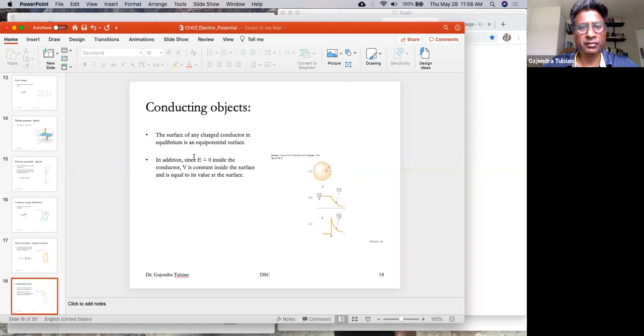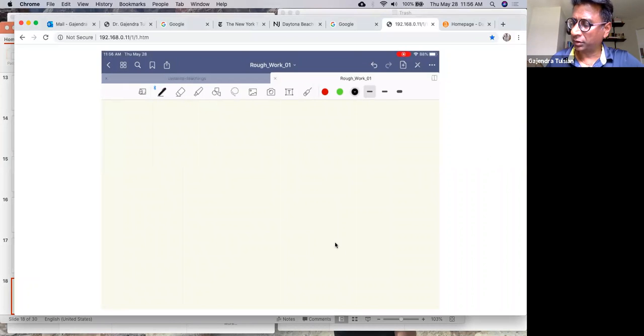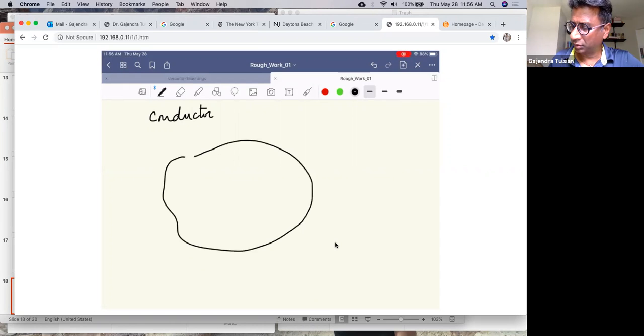And since the electric field inside is 0, V is constant inside the surface and is equal to the value on the surface. So if you take a conductor and put charge on it, all the charge resides on the surface. So now between last chapter and this chapter, here's what we can say. For a conductor, here's a conductor, a piece of copper or something like that.